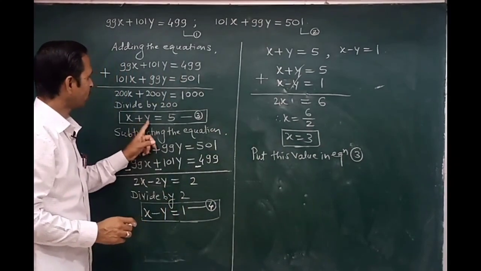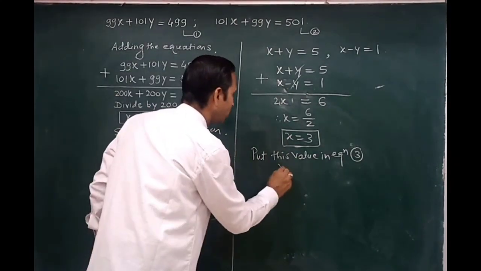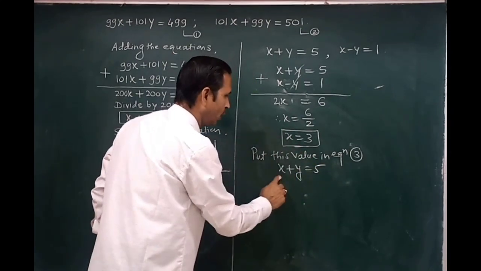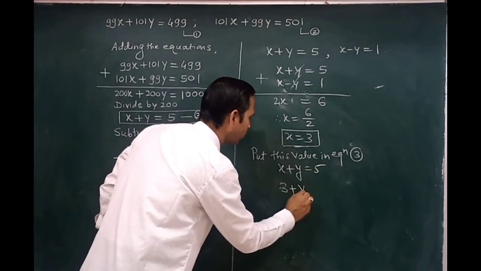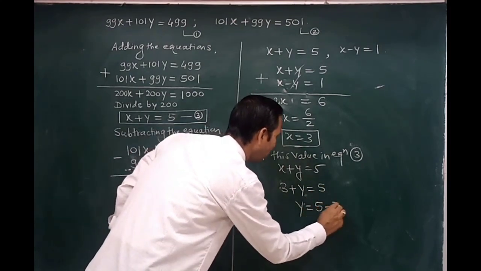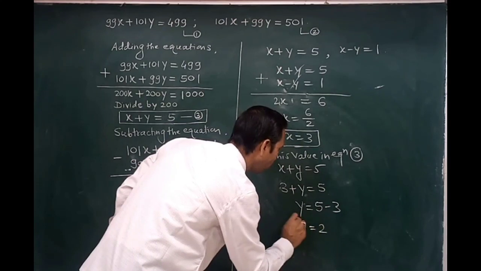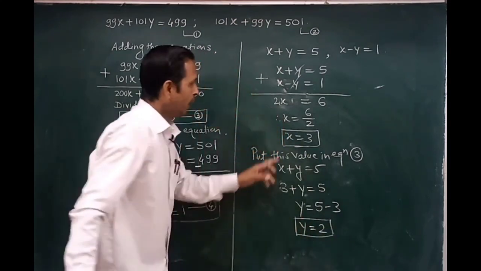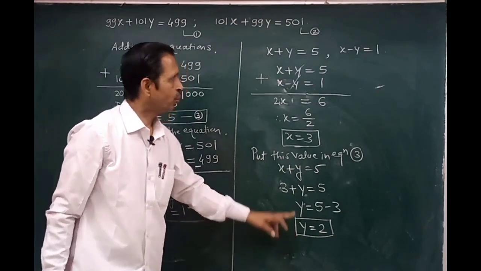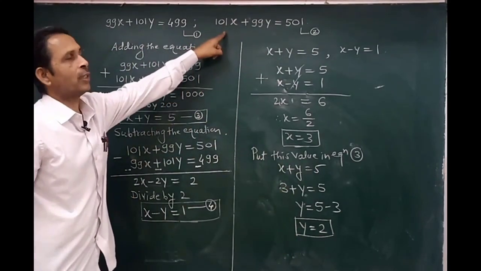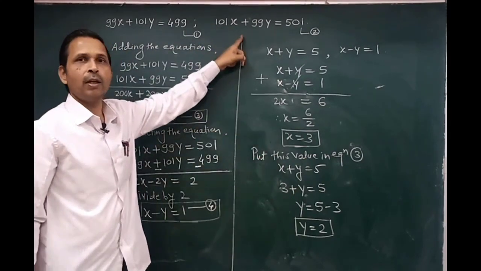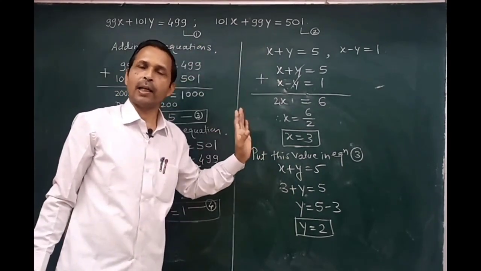See here, x plus y is equal to 5, so put x is equal to 3 in this equation. 3 plus y is equal to 5, and so y is equal to 5 minus 3, y is equal to 2. And x is equal to 3 and y is equal to 2 is the solution of this simultaneous equation. If you put these two values in both equations, both equations are satisfied.